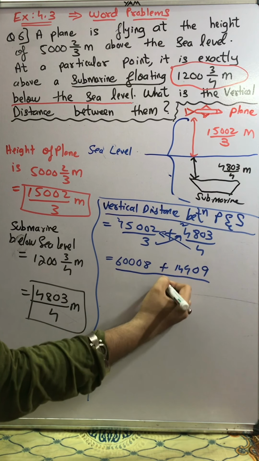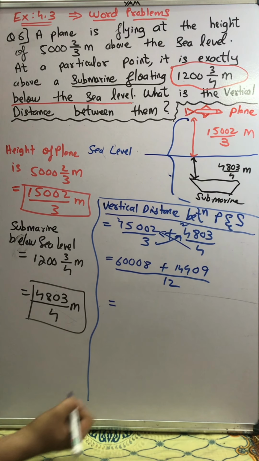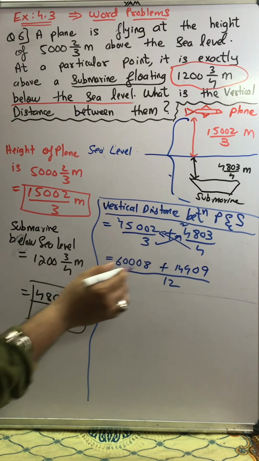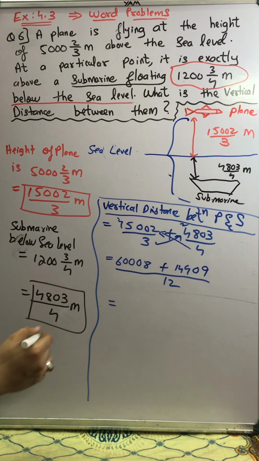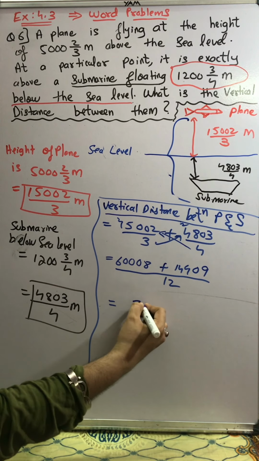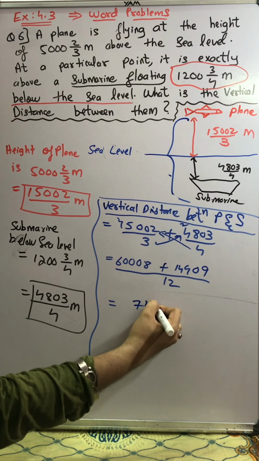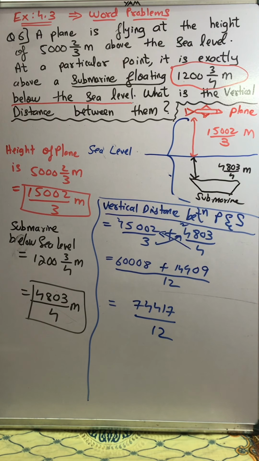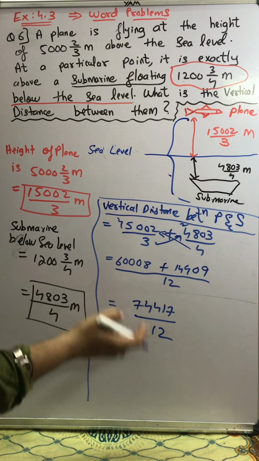The whole upon 4 3s are 12. So 60,008 plus 14,409, when we add the two numbers, we get 74417 upon 12.